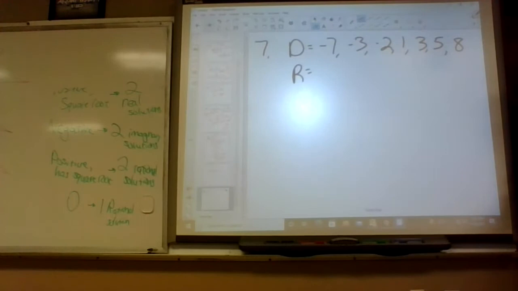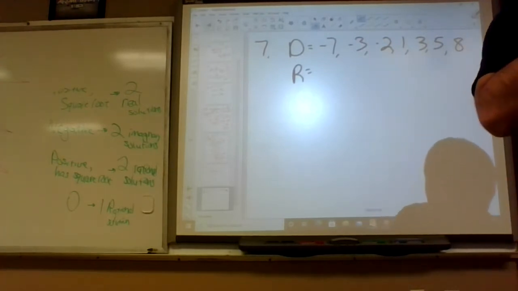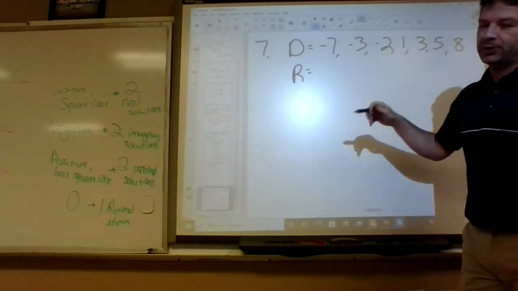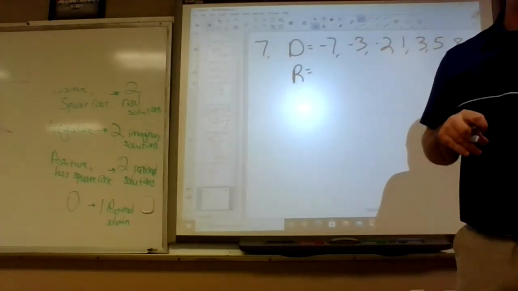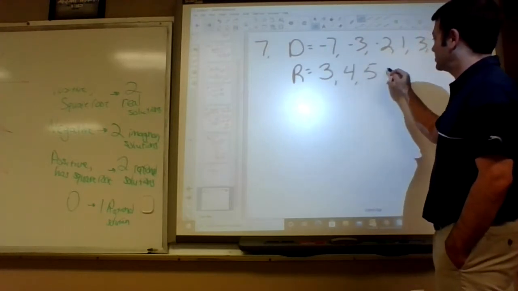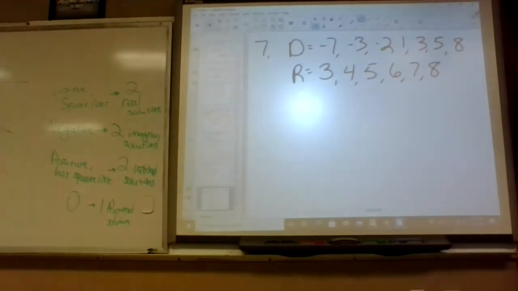Okay, and then the y values, you don't have to write them in order, but if you look, it's like 3 through 8. So probably the easiest way is just write 3, 4, 5, 6, 7, 8. Order doesn't really matter.